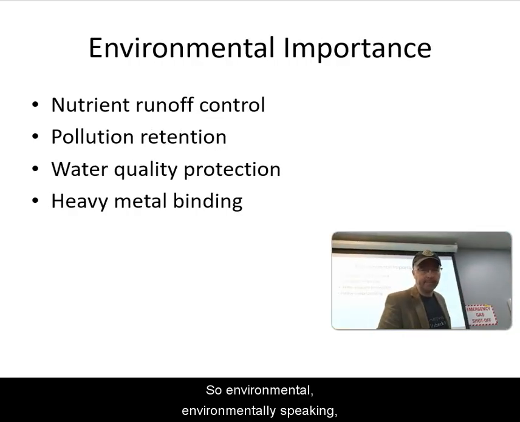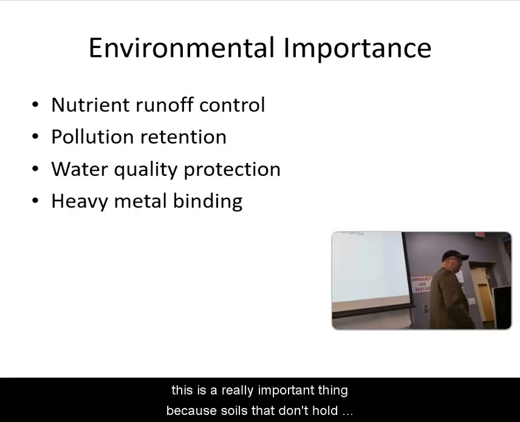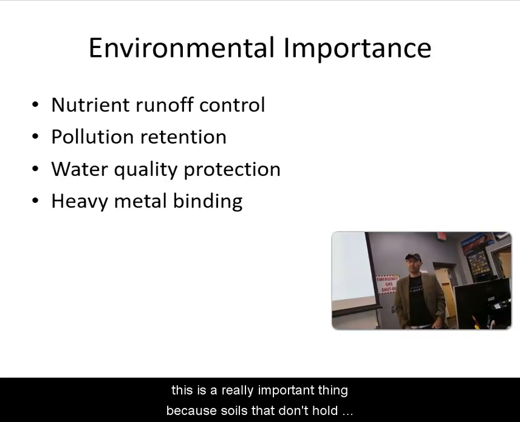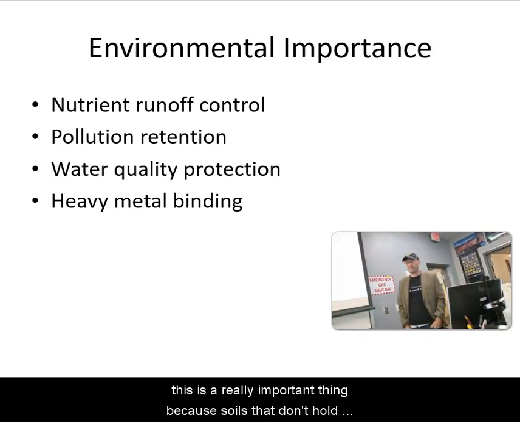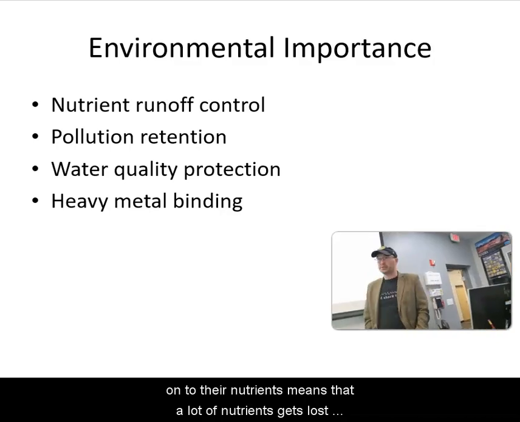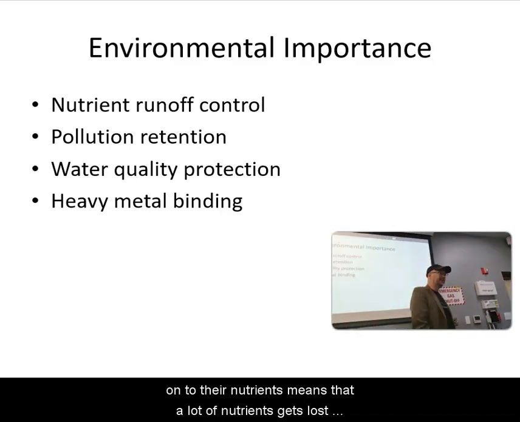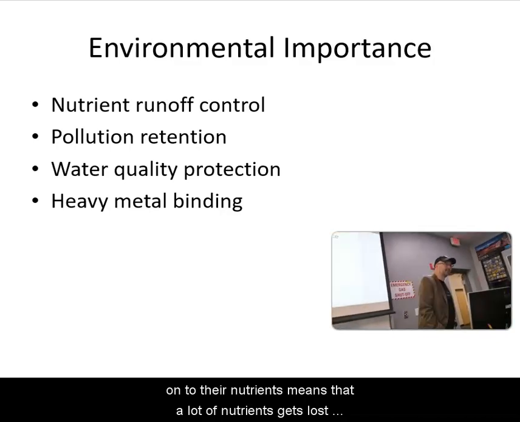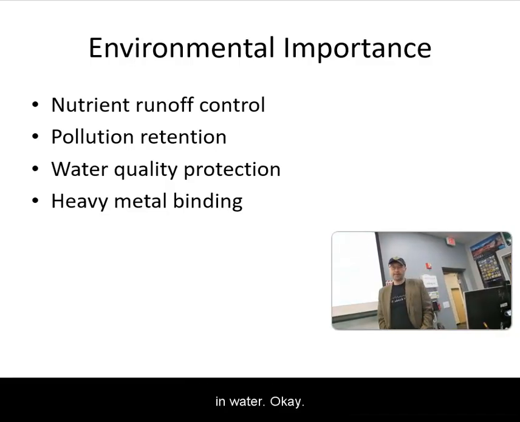Environmentally speaking, this is a really important thing, because soils that don't hold on to their nutrients means that a lot of nutrients get lost in water. Okay.